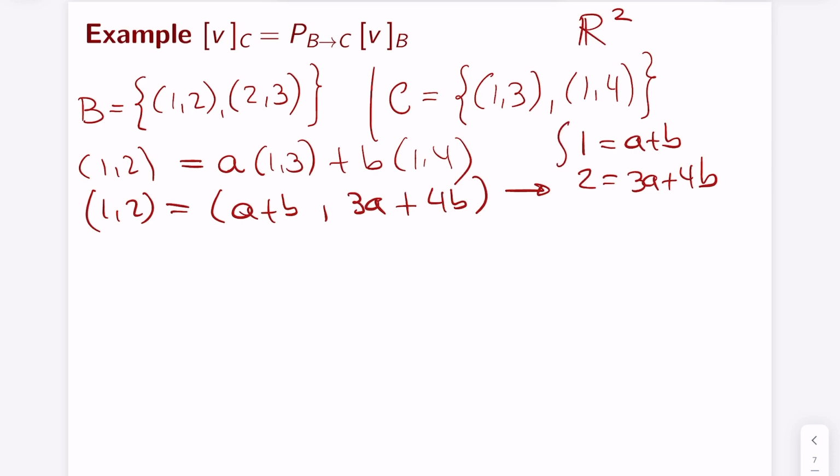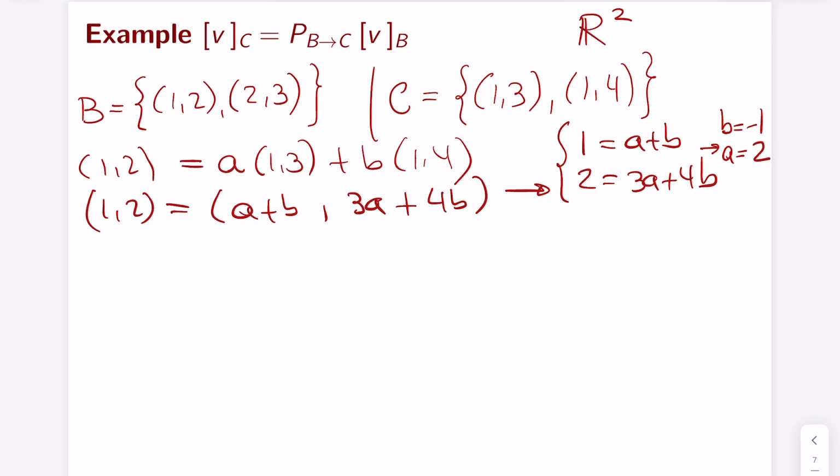So we have here a system of equations, and from this system we calculate the value of A and B. We can use eliminations, for instance, multiplying the first one by minus 3, we get that B is equal to minus 1, and then substituting we get that A is equal to 2. So by solving this system, we find what these two coordinates are.